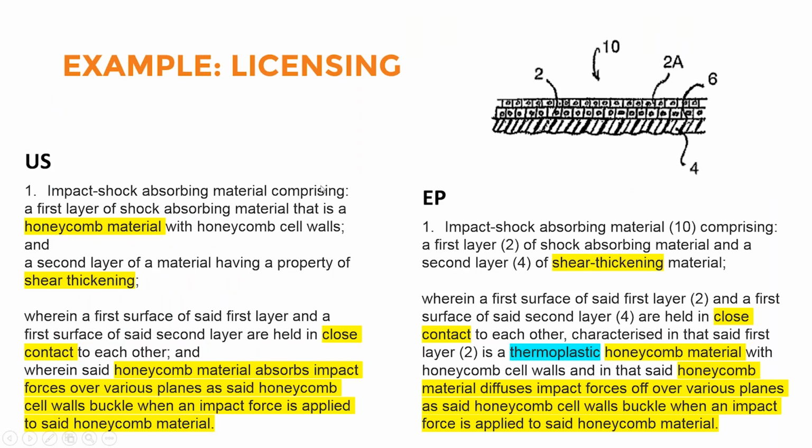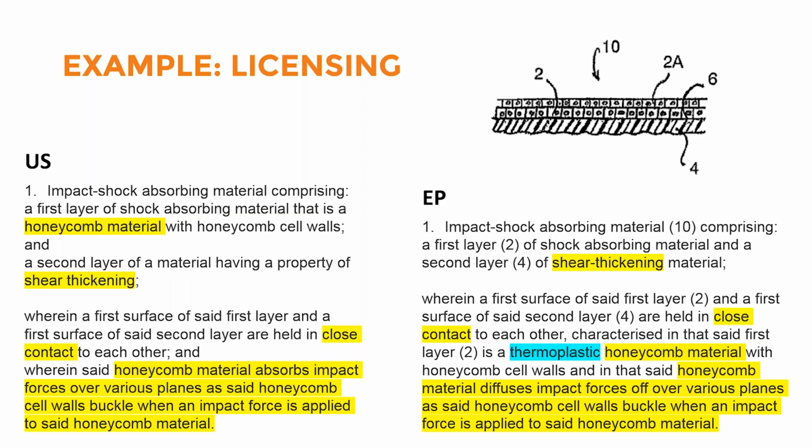Okay. So here's an example of a licensing scenario. I'm a company and I make impact absorbing products. And I've got a competitor that does the same. And they come to me one day and say, we've got a patent portfolio, a family that is reading on the way that you're making your impact absorbing material.